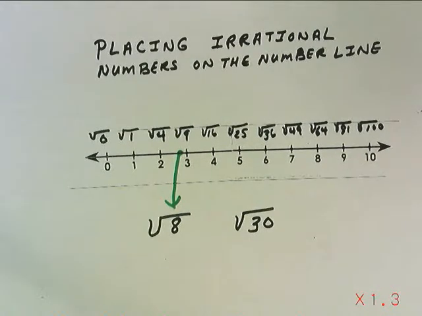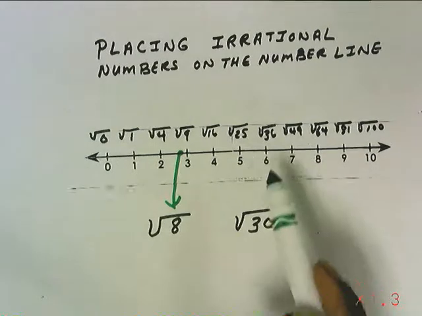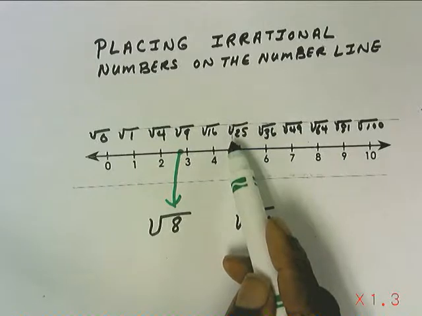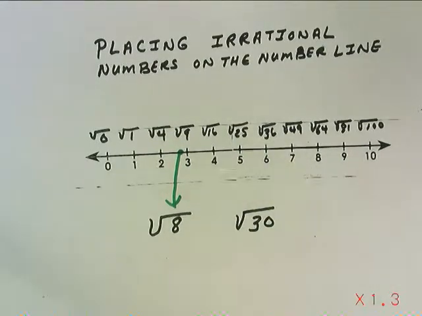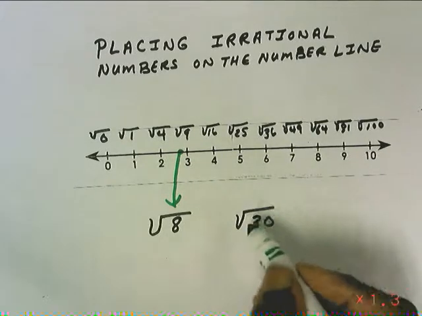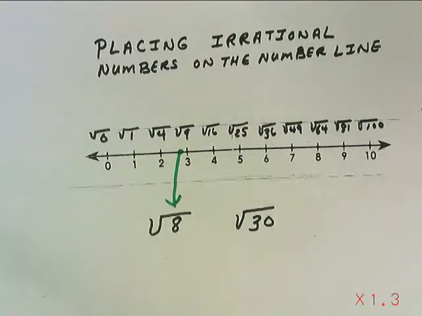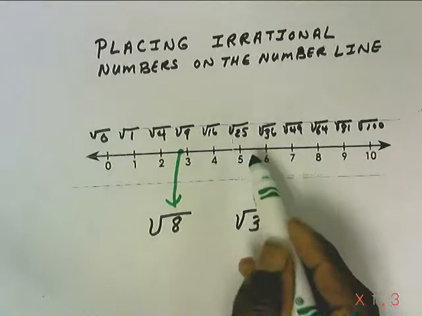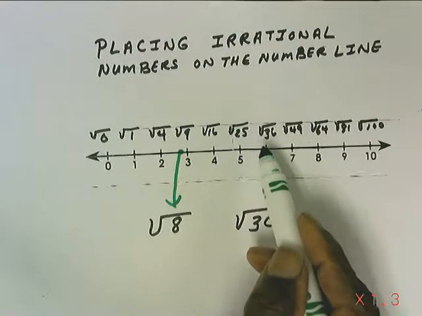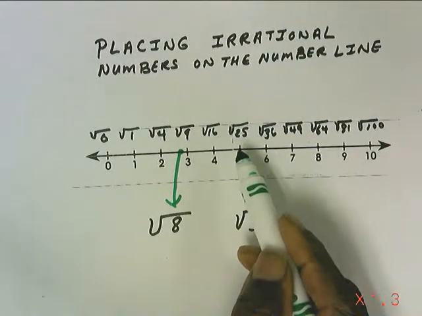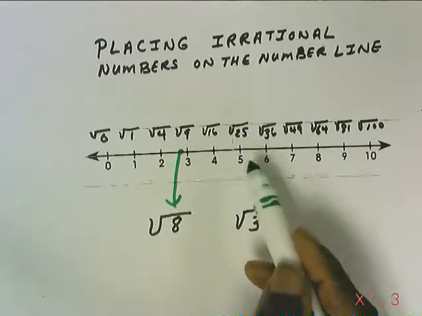Now, the square root of 30. We see that the square root of 30 falls between the square root of 25 and the square root of 36. We know that the square root of 30 is closer to the square root of 25 because there's only 5 difference.